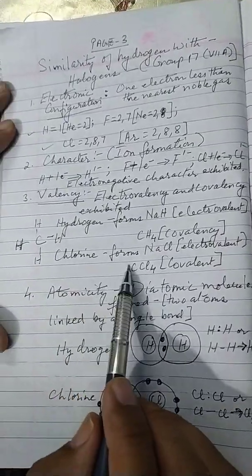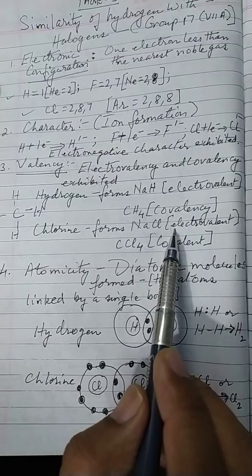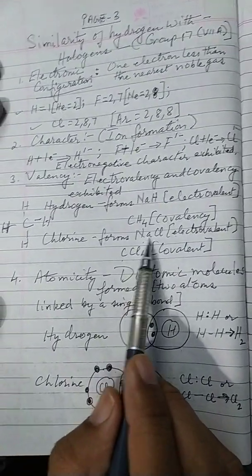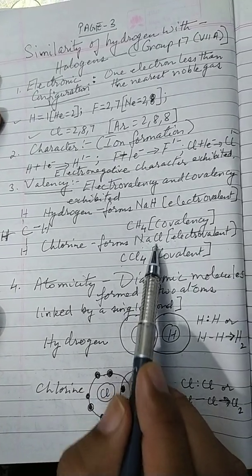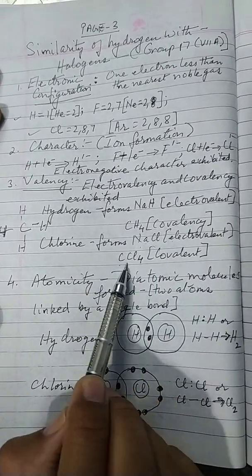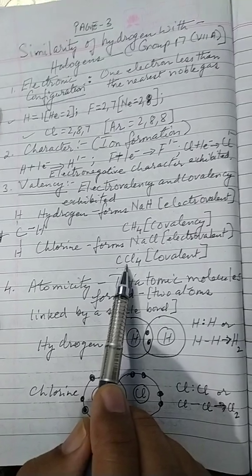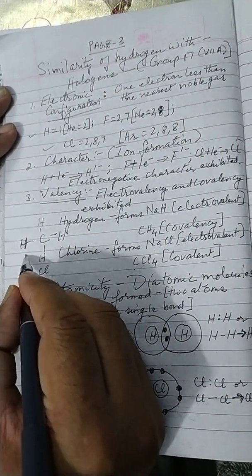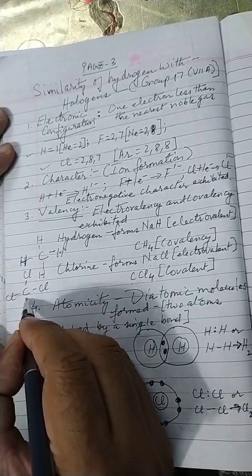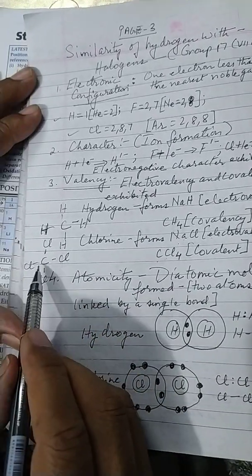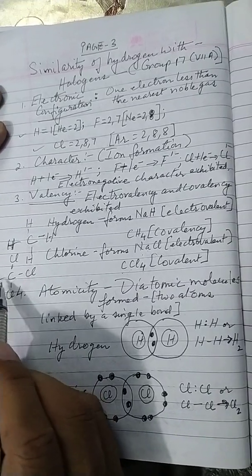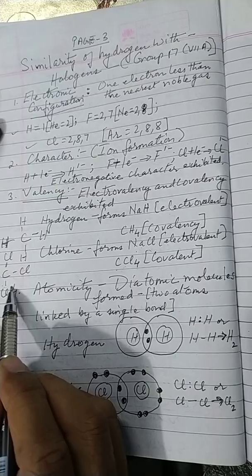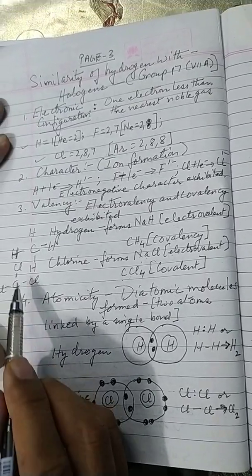Then we see chlorine. It forms sodium chloride, which is also an electrovalent compound, salt or sodium chloride. Then we see chlorine also forms a covalent compound with carbon, like we see here carbon combines with 1, 2, 3 and 4 chlorines. So 4 single covalent bonds are formed between carbon and 4 chlorine atoms.